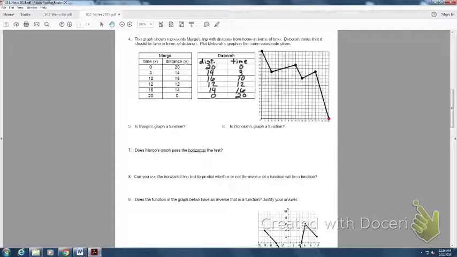Again, if you're going to label the axis, x and y axis, the increments, I would just do every 5 instead of every single one. If you would as well, go ahead and graph the y equals x line.